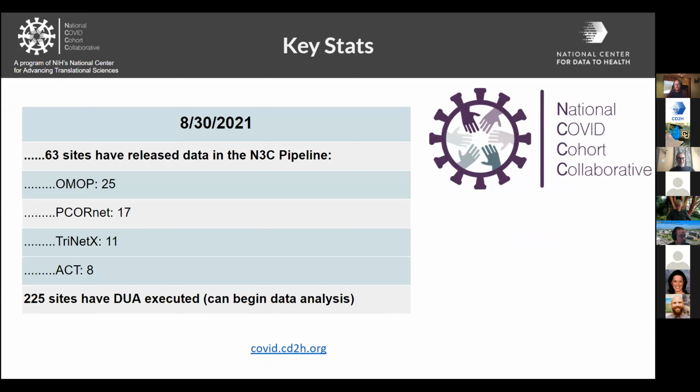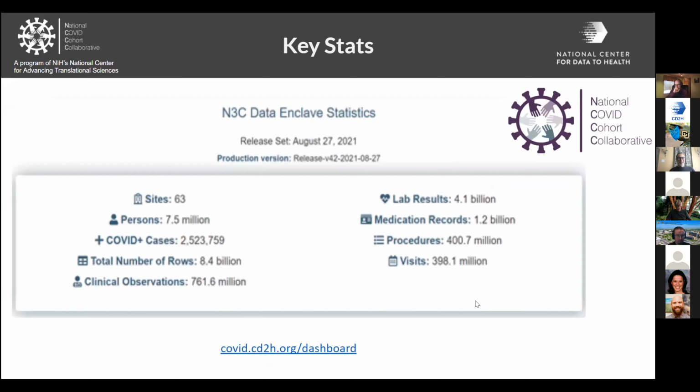So we have 225 sites with the DUA executed, 63 sites with data released, 2.5 million COVID plus cases.